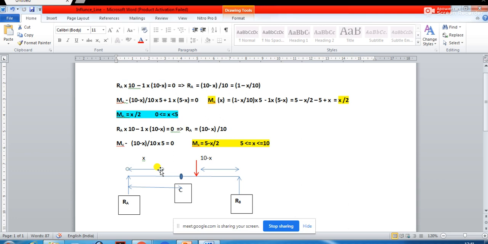At that point you observe this distance will become equal to x.